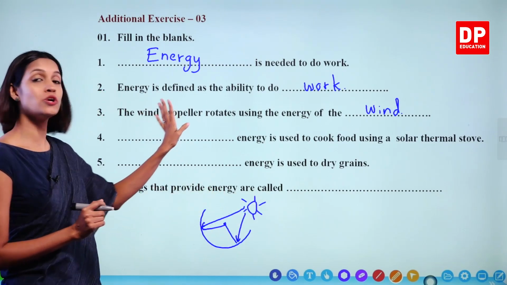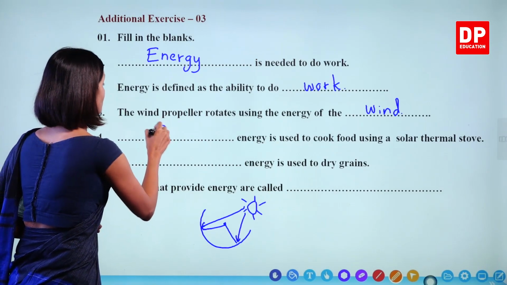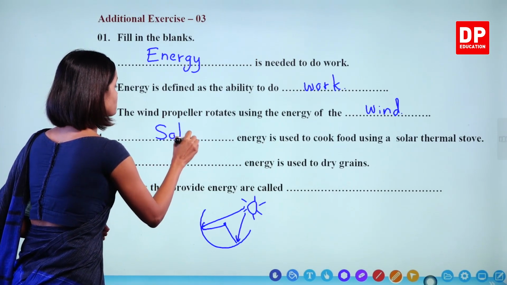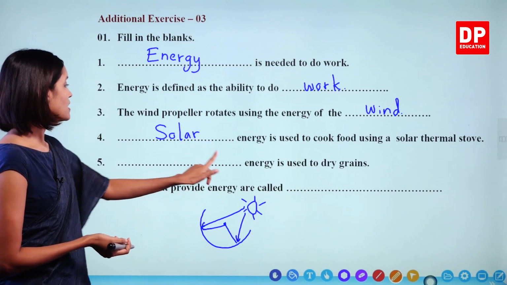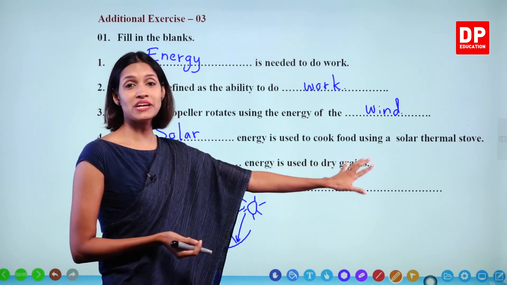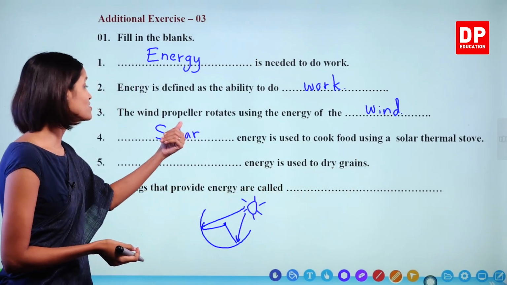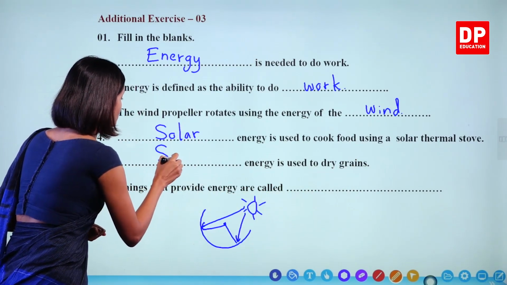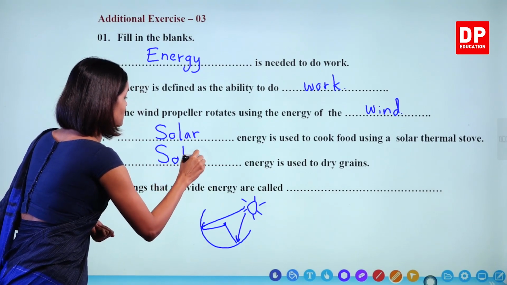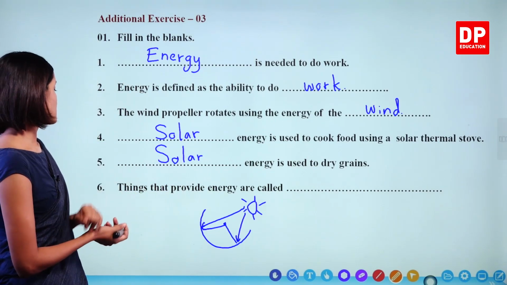We need solar energy. Number 5. Energy is used to dry grains. That is again solar energy, right? Heat of the sun is used. So solar energy.